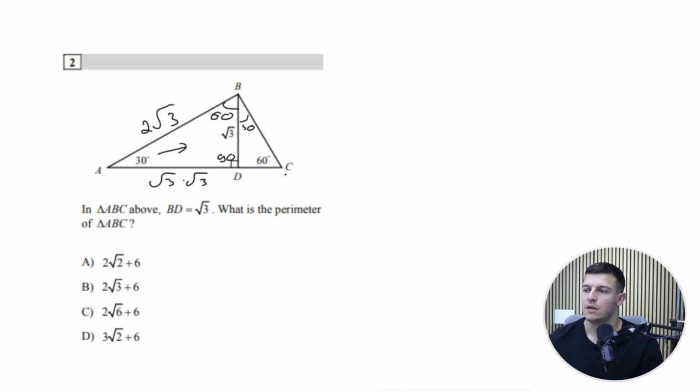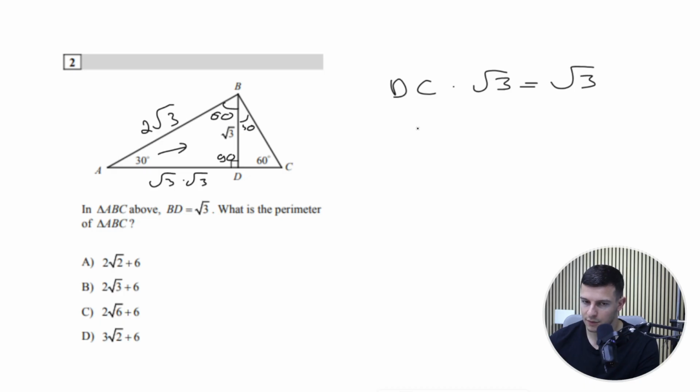So what else do I know? For the other triangle, CBD, the side in front of the 60 degree angle is square root of 3, that means we took DC and multiplied it by square root of 3, and that gave us square root of 3.